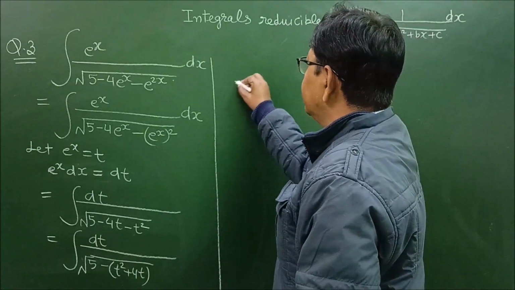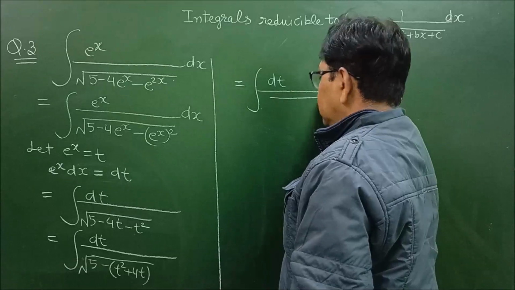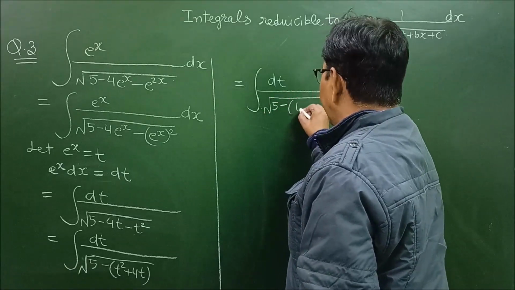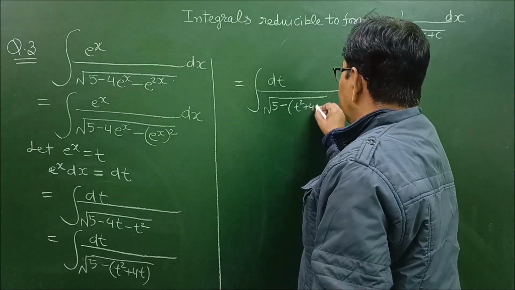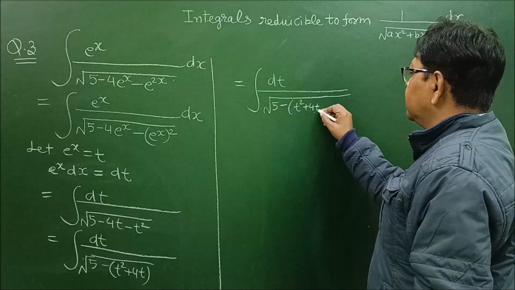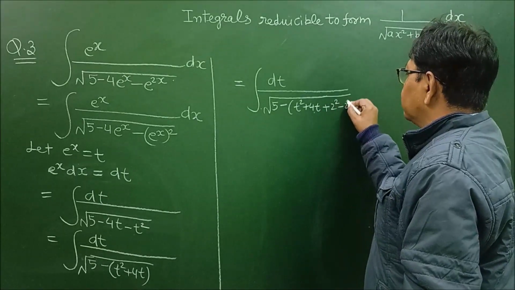So this integral reduces to dt upon under root of 5 minus (t square plus 4t), and adding the square of half the coefficient of t, that is 2 square, adding 2 square and subtracting 2 square.